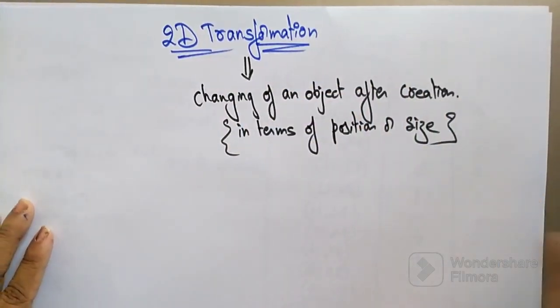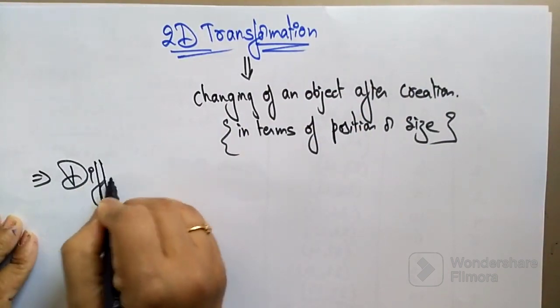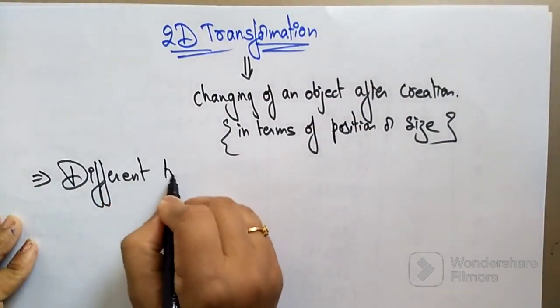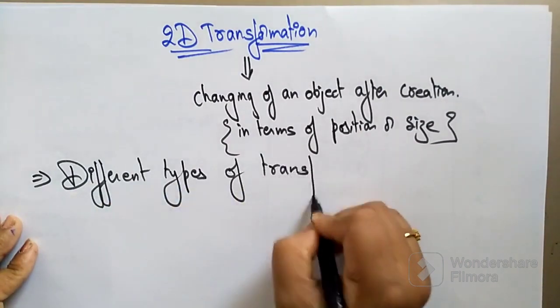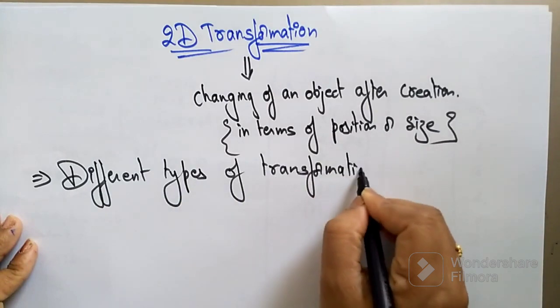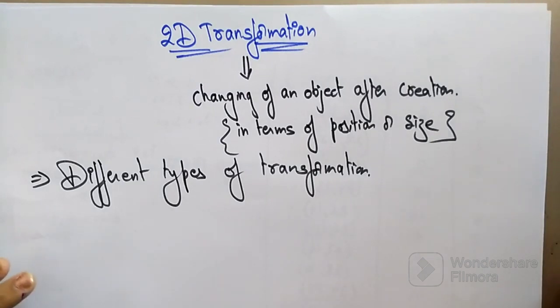There are different types of transformations. Let me write that. What are the different types of transformations present in 2D or 3D, whatever it may be? The concept is the same, only the coordinates will be different for 2-dimensional and 3-dimensional.